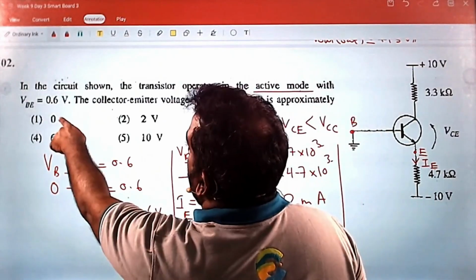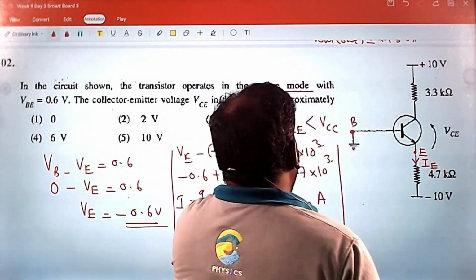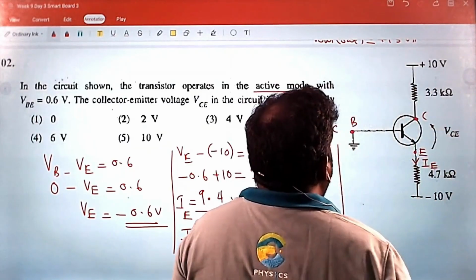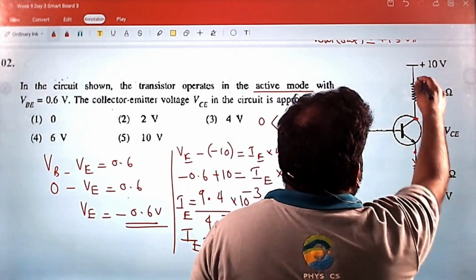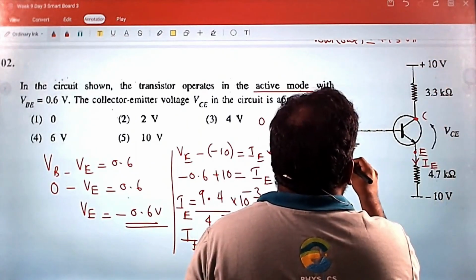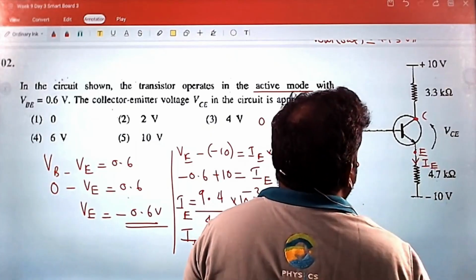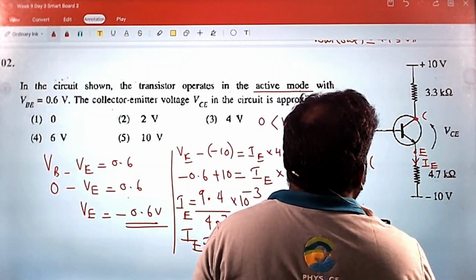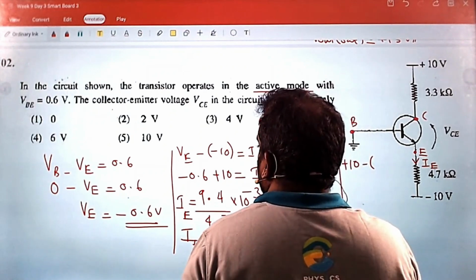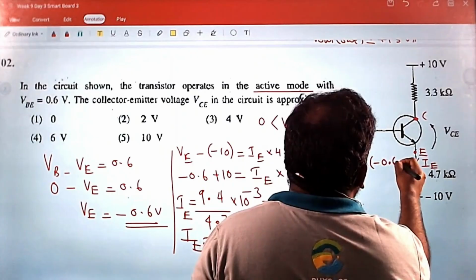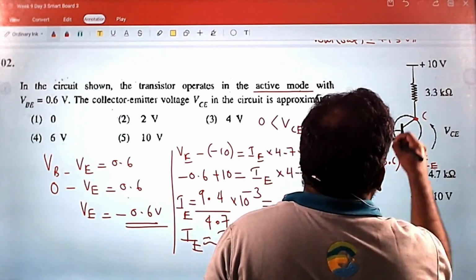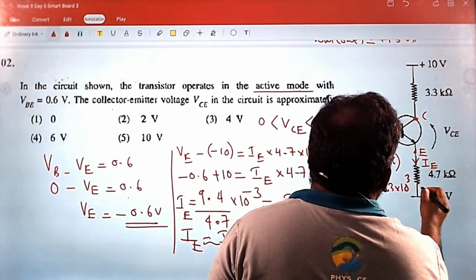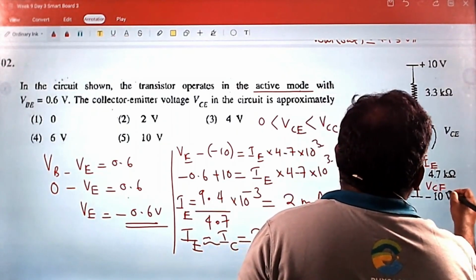They want VCE, I think. Yeah, VCE, the voltage here. So in this branch you can apply the loop equation, from here to here. So plus 10 minus VE, that is 0.6, equals IC times 3.3 times 10 to the power 3 plus VCE.